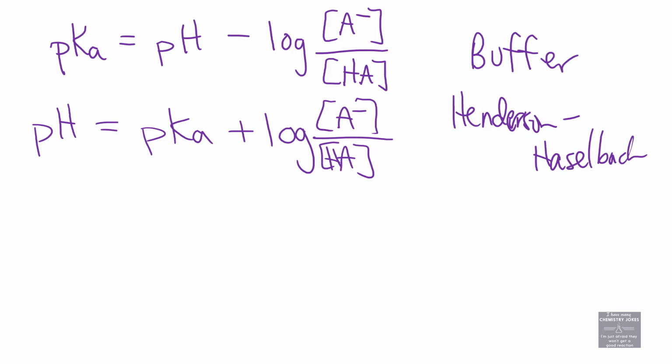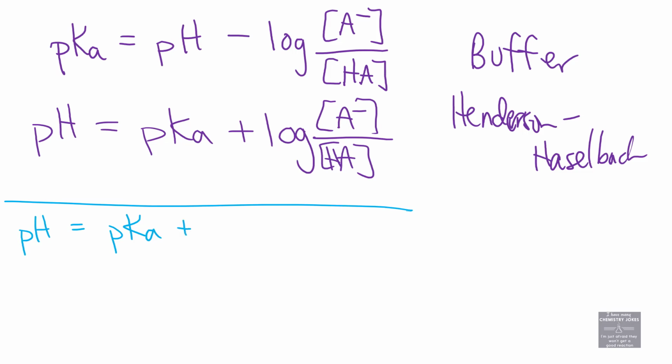I'm going to lose some of you, and I apologize, but there's another way you might see it written that's exactly the same equation. They've taken advantage of one thing. The plus log of A minus over HA, if I flip this fraction upside down to be HA over A minus, that's like raising something to the negative first power.